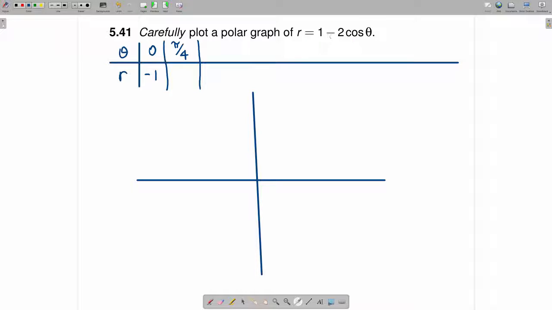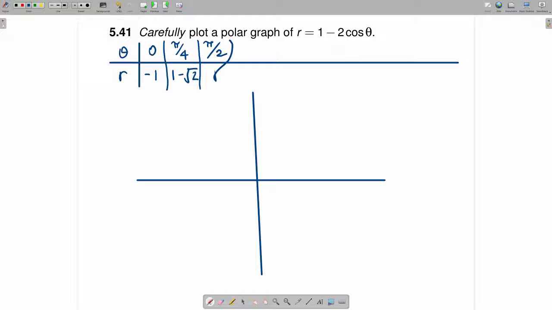So we have 1 minus 2 times the square root of 2 over 2, and that is going to be 1 minus the square root of 2. We'll do one more and then we'll just list the rest of them. You then go to pi over 2 and ask, what is the cosine of pi over 2? The cosine of pi over 2 is 0, so this is 1 minus 0, which gives you a 1.